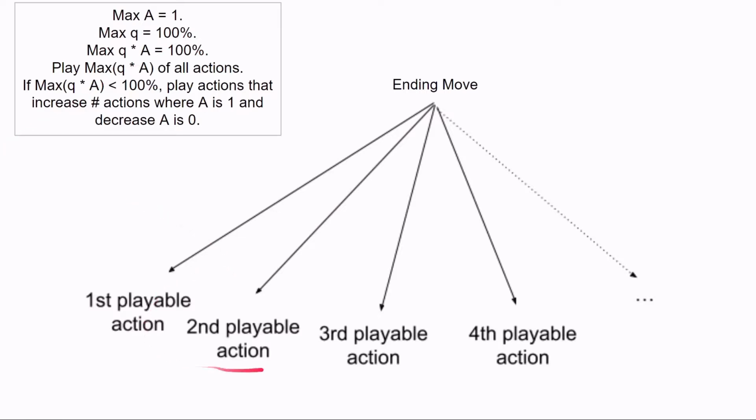If any action gets us a 100% win rate, we play it. If we don't have that option, then we play the action that maximizes our win opportunities and minimizes our lose opportunities. Our strategy is to maximize the ways we can win from the beginning of the game till the end.